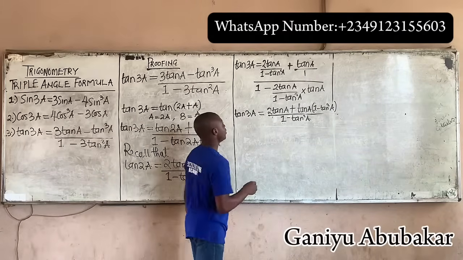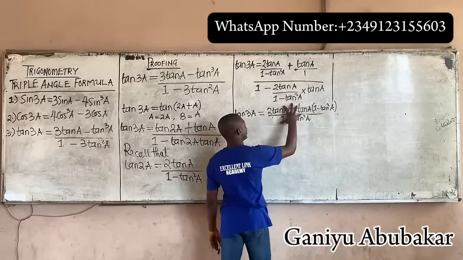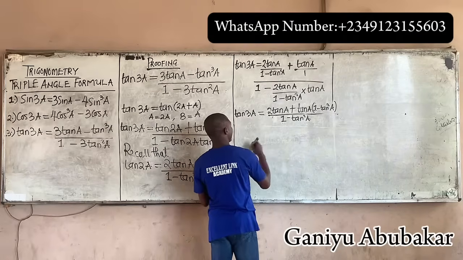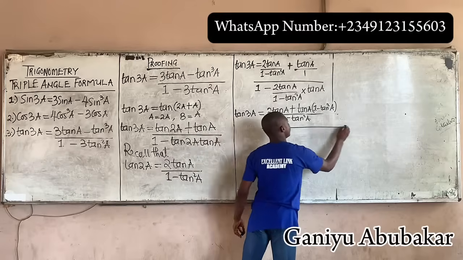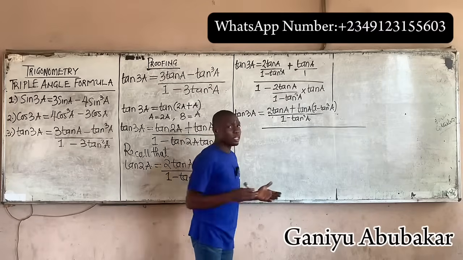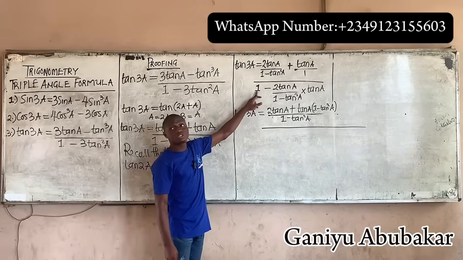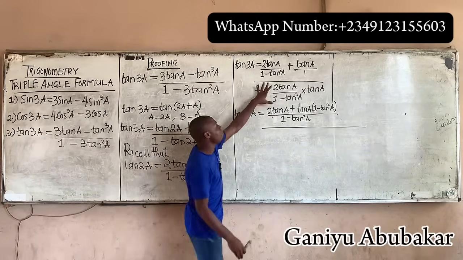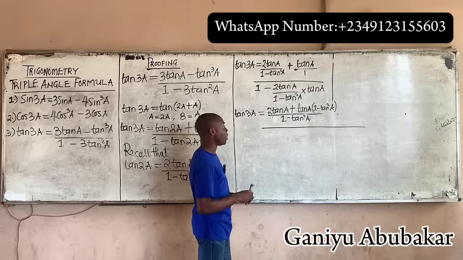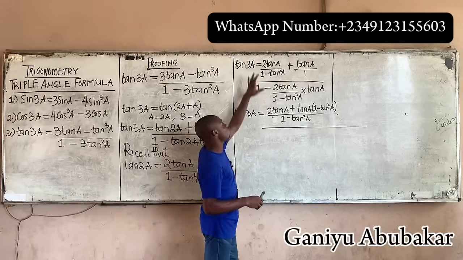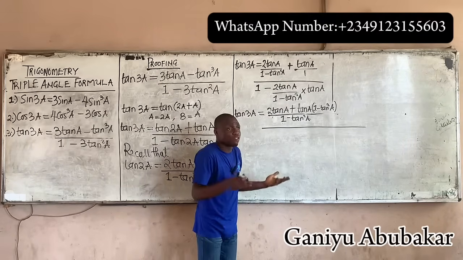I can see this numerator. I'll try to simplify this first, and put the answer here for now, right? Because for the numerator, we look out for the LCM straightforward.